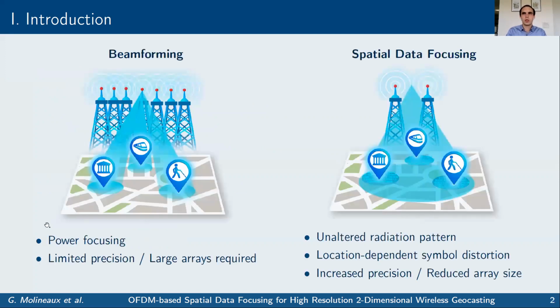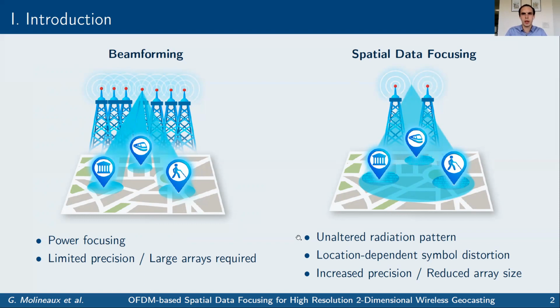Now, I would like to first explain the conceptual difference between spatial data focusing here on the right and beamforming here on the left. Beamforming, as is very well known, is a power focusing technique that focuses power to the intended locations by exploiting constructive and destructive interference between the different antennas in an array. Now, beamforming has a limited precision, meaning that large arrays are required to obtain accurate focusing to a certain position.